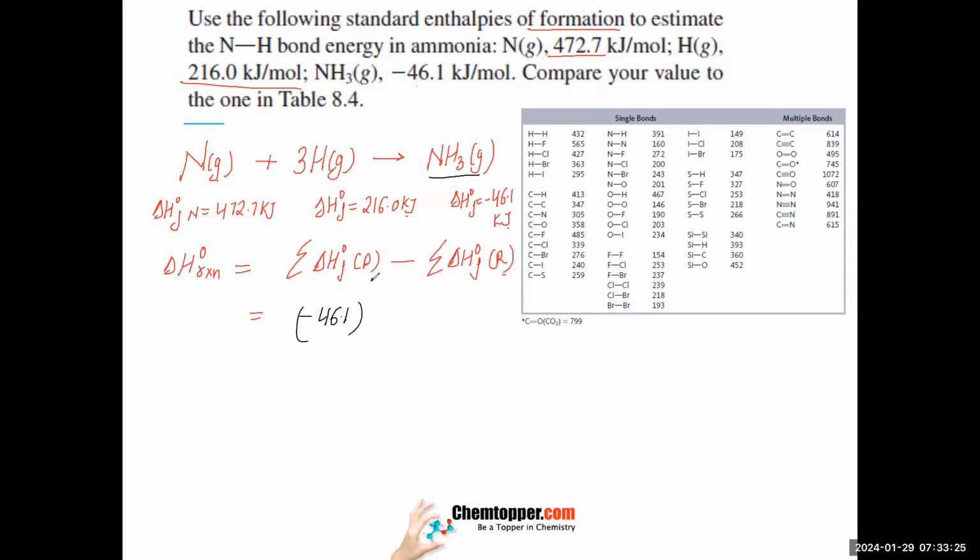This equation we did in yesterday's class. Formation is given here, so I've written F for formation. Minus, in the parenthesis, this value, nitrogen, 472.7 plus 3 times 216.0. Can you do it?